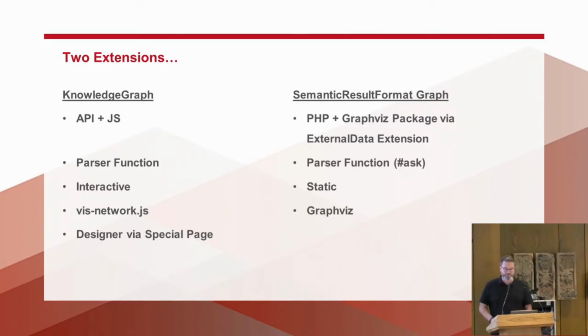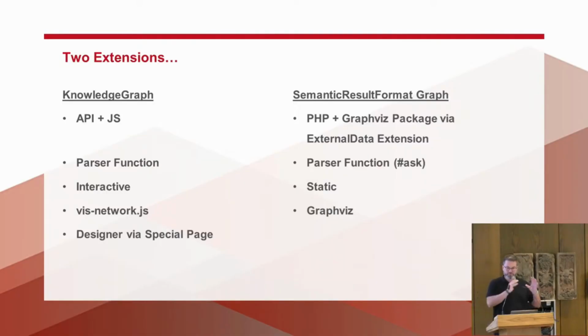There have been some extensions specifically to bring Graphviz into MediaWiki. And the current approach is to use the External Data extension that was initiated by Yaron and his team. This can make use of an external program call, and this brings back the Graphviz functionality.